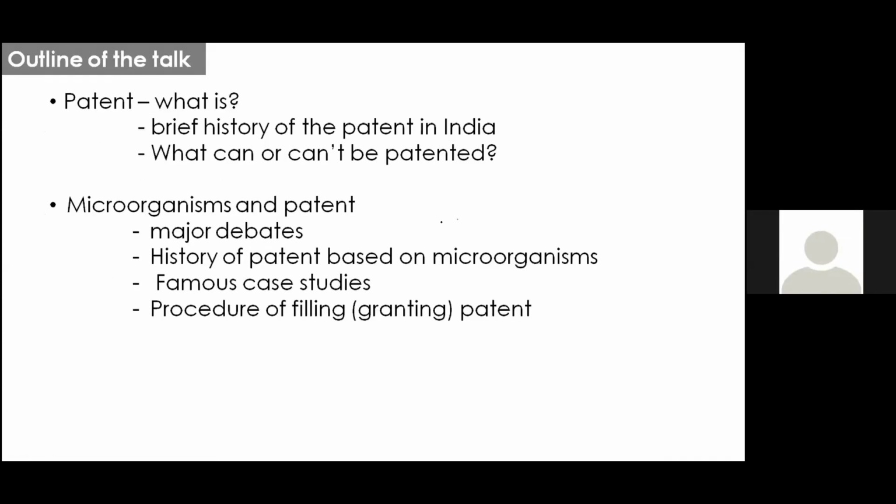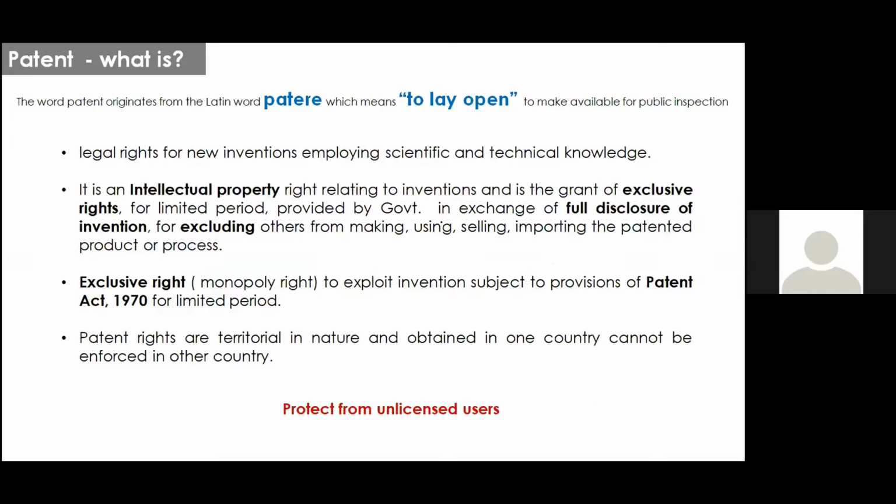So let us go back to the topic. The word patent originates from a Latin word which basically means to lay open. It means to make the research available for public inspection.